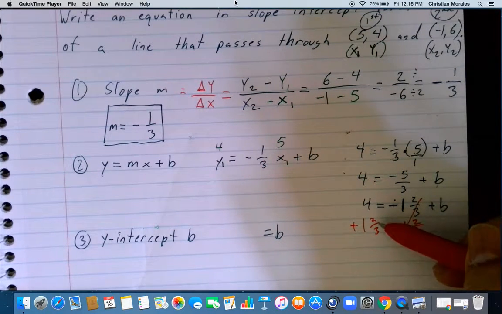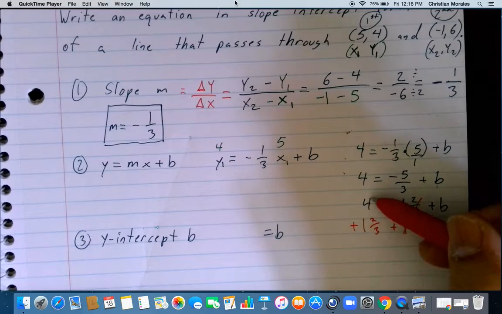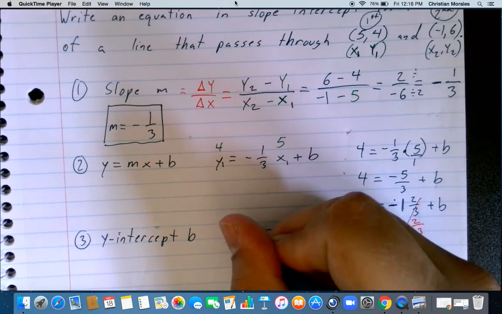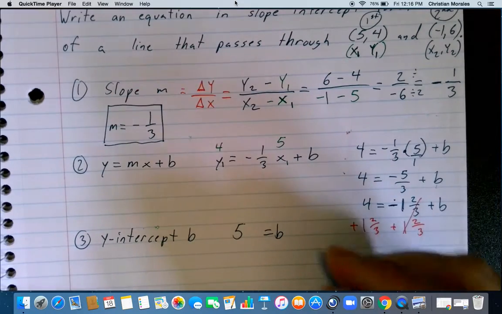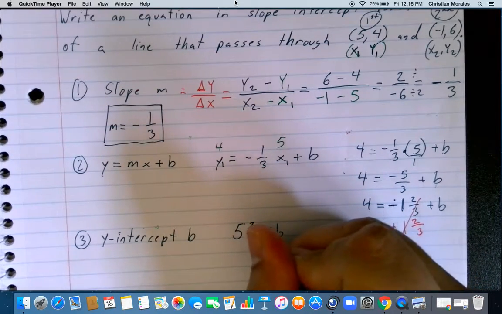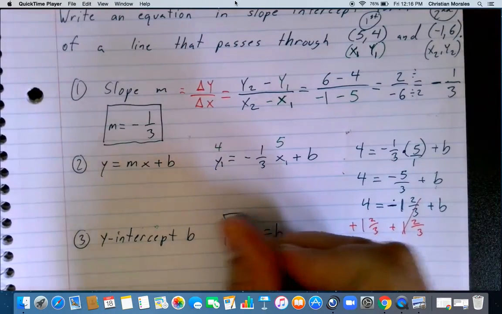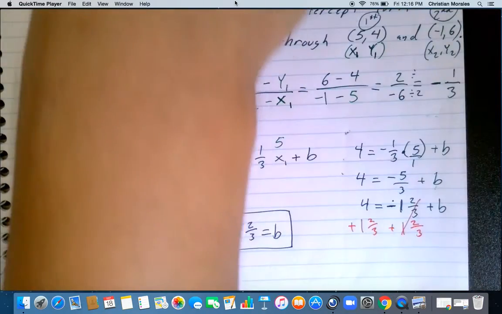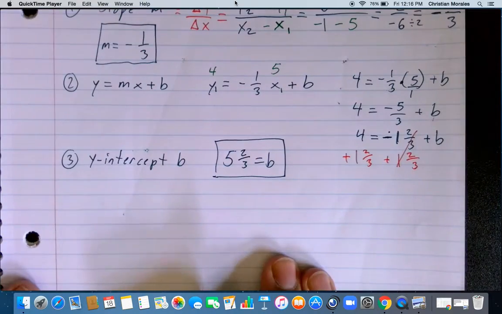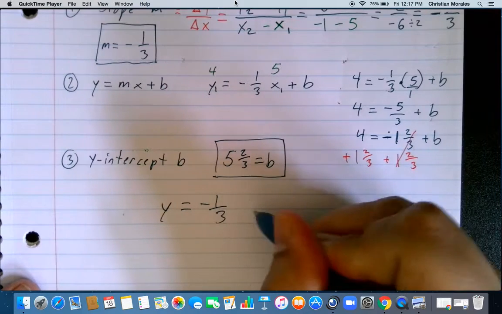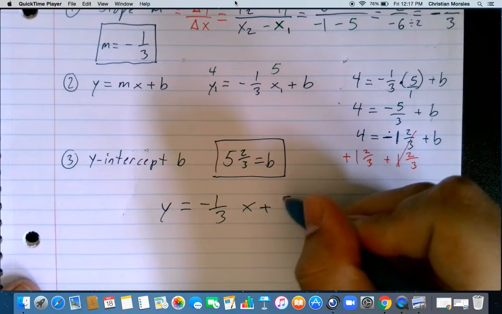But it's a fraction. You're right, but there's also a whole number. So you can add up the whole numbers. What's 1 plus 4? 5. What about the 2/3? Well, that's not going to go away. So your answer is 5 2/3. So now you have the two numbers you need to write your formula. What is the slope-intercept form? Y equals negative 1/3 x plus 5 2/3.